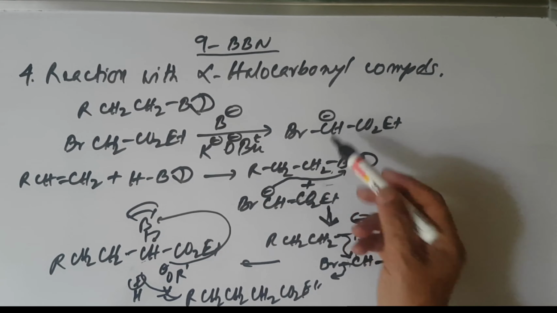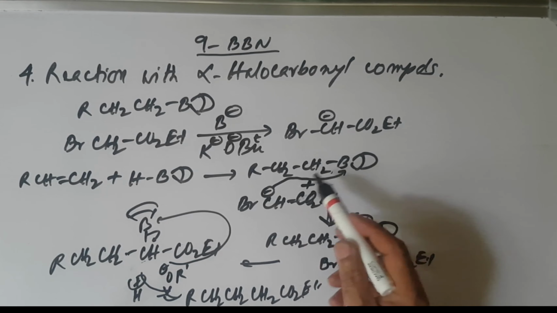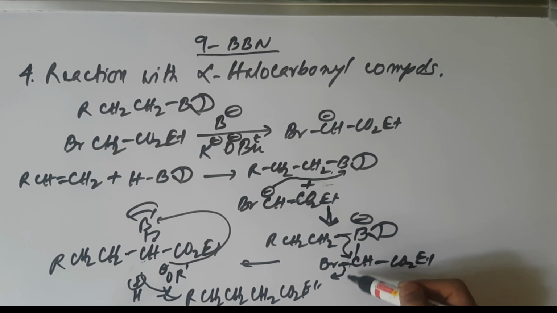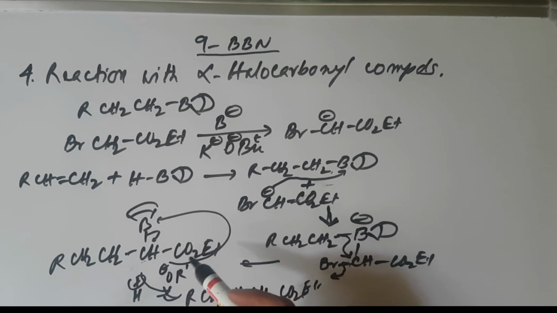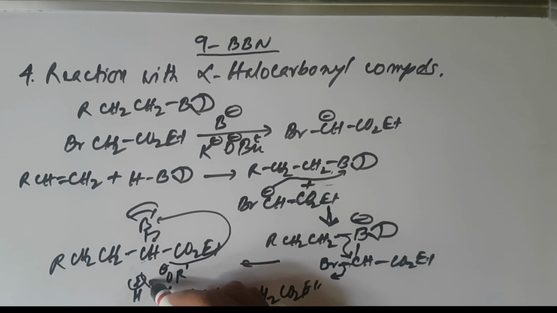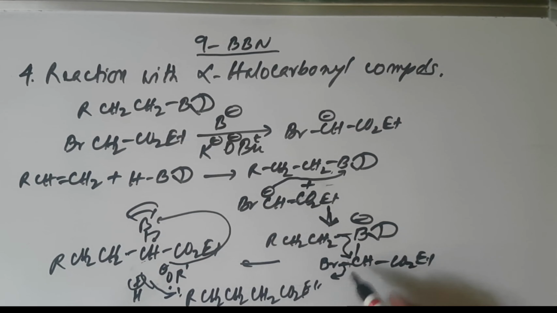You get a carbanion, then the carbanion attacks this alkyl boron. You get a negative charge here, and migration takes place. Bromide is lost, so we get an intermediate, and it finally reacts with the alkoxide group, and then protonation. We get the final product. So this is the mechanism for the reaction of alpha halo carbonyl compounds with alkyl boron.